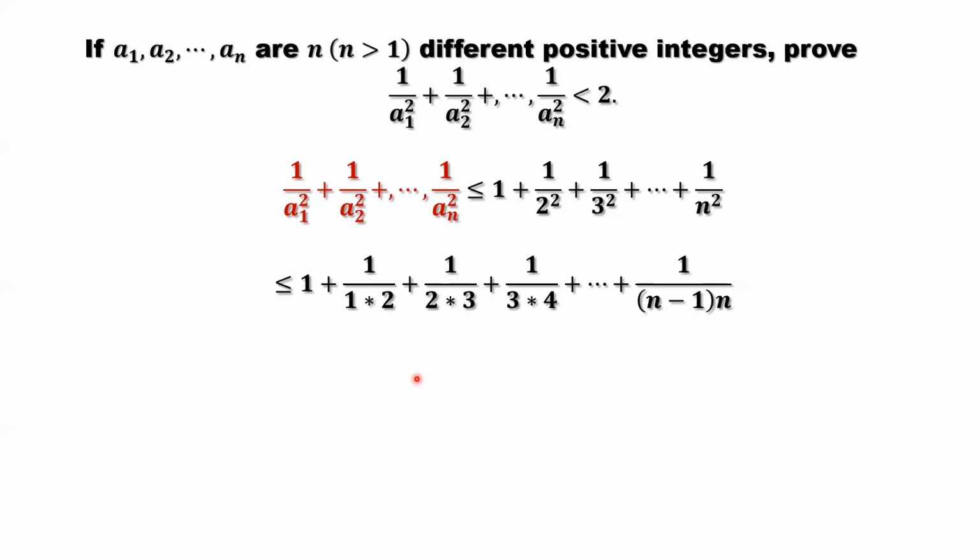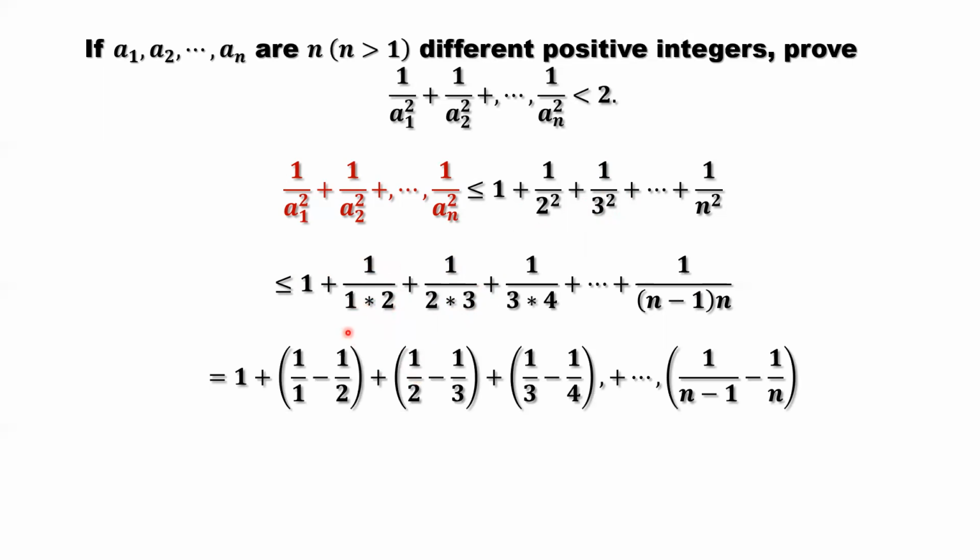Now look at each item. This term, we can rewrite it as 1 over 1 minus 1 over 2. We can check it. What's the common denominator? That's 2. So the numerator is 2 minus 1, which is 1. Look at here. What's the common denominator?